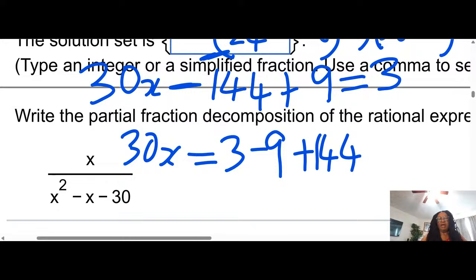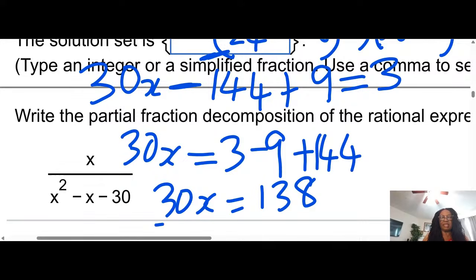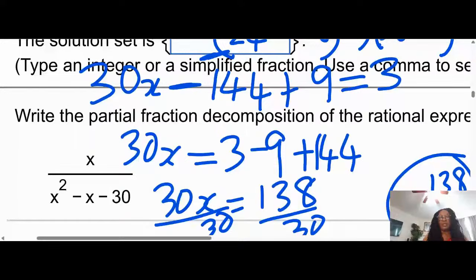Okay, so we have 30x is equal to 138. And divide both sides by 30, so that we are now going to have x is equal to 138 over 30. Find the final value of x.